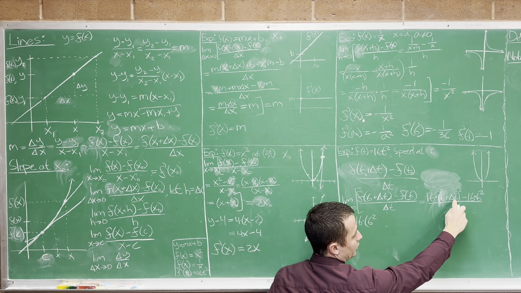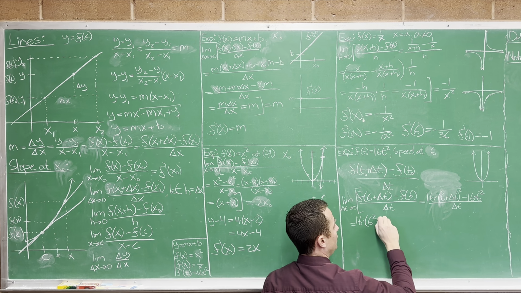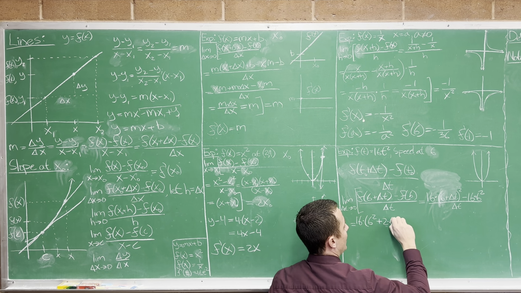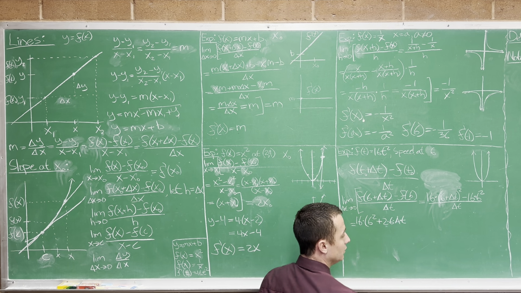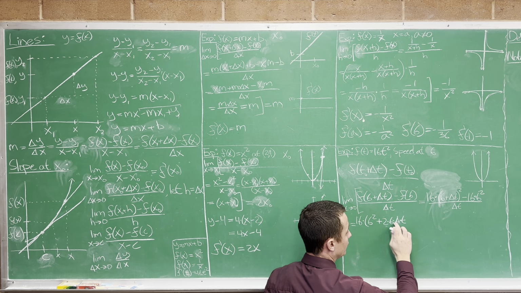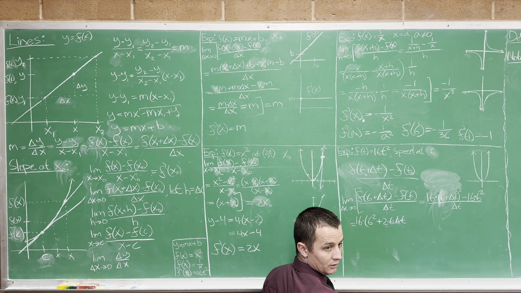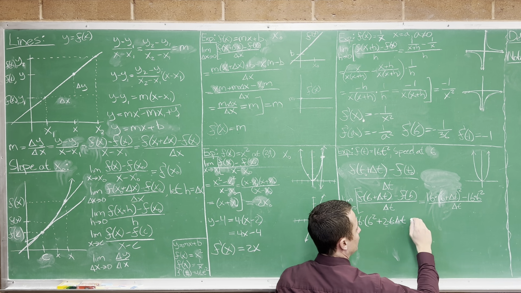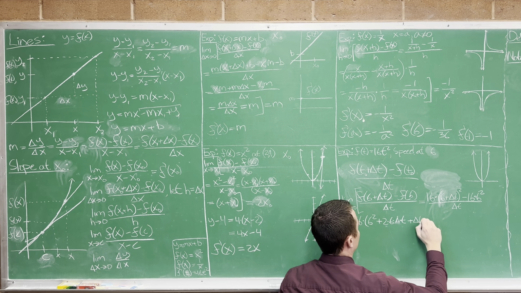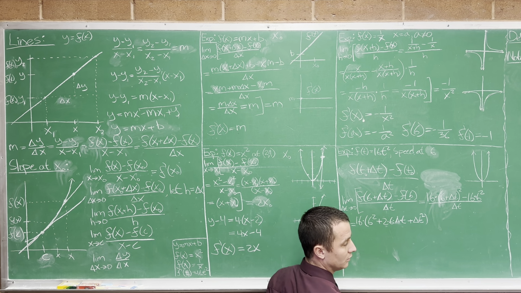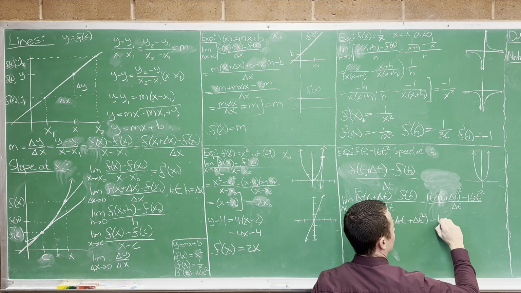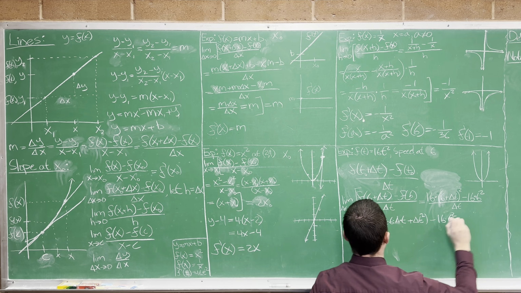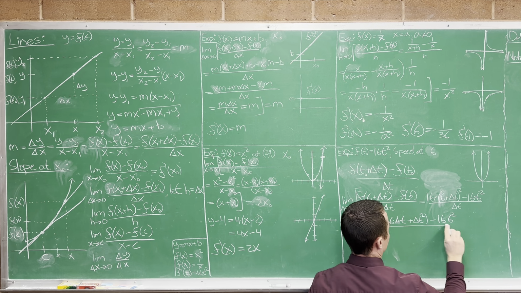And then we have 6 times delta t, and delta t times 6 is going to be plus 2 times 6 times delta t. Right? And then delta t times delta t is delta t squared. And then we have minus 16 times 6 squared all over delta t.